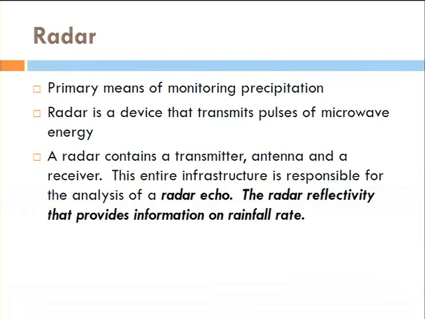So radars emit microwave radiation, and then that microwave radiation reflects off of droplets of rain or particles of snow, and the part of the signal that comes back to the radar essentially lets us know how heavy the precipitation is or how intense it is.